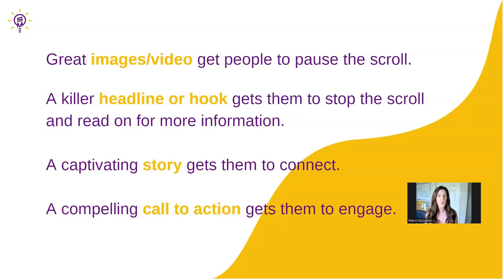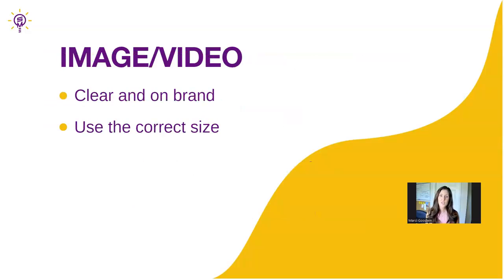And then they want to know more. And so they're going to click or scroll to read that captivating story that is going to connect with them. And then you're going to give them a compelling call to action, and that's what's going to get them to engage. So let's start walking through these parts step by step.